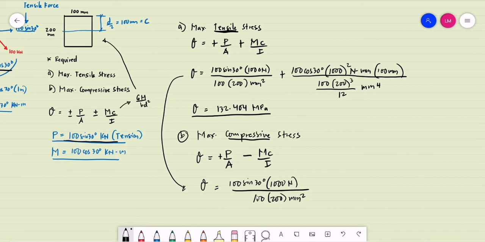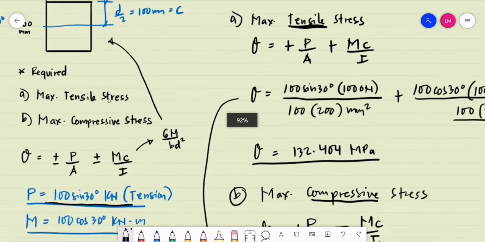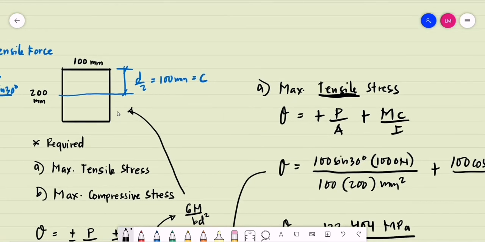To have a compressive stress, we are to consider the negative bending stress. That is minus 100 cosine of 30 degrees times 1000 newtons, I square this value, that's 1000 squared for the unit to be in newton millimeters. Then the value of C for compression, that is for the extreme fiber below the neutral axis.